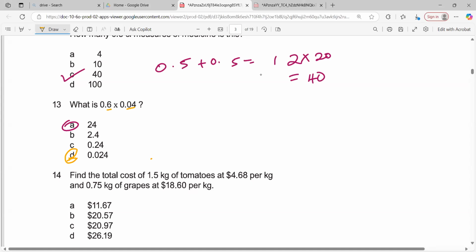So since 6 times 4 is 24, right? 0.6 has one decimal place, while 0.04 has two decimal places. So you'll add 2 plus 1, which gives you 3. So the answer you get should have 3 decimal places, and that's D. All right. Yeah, I agree with that.